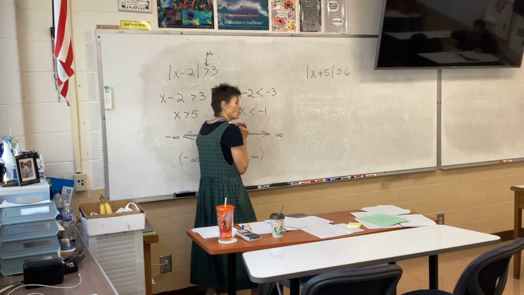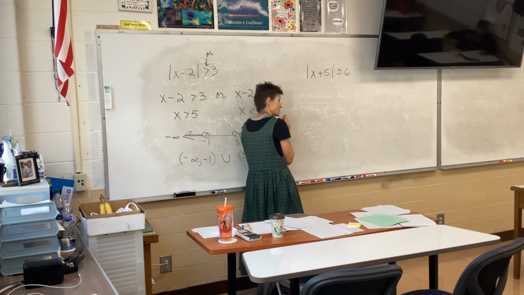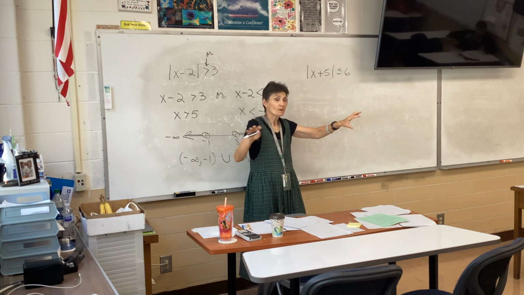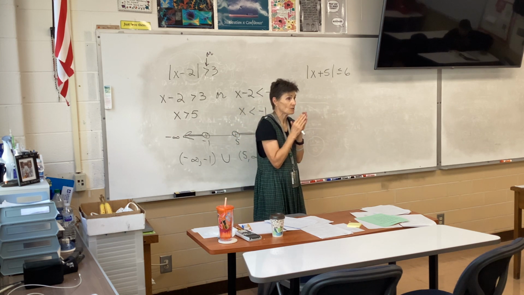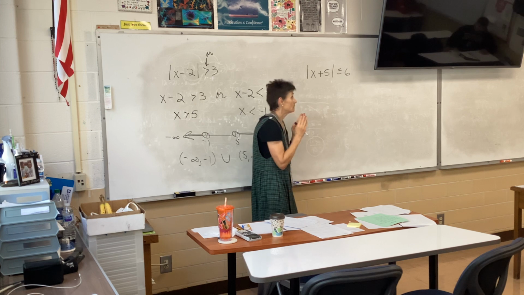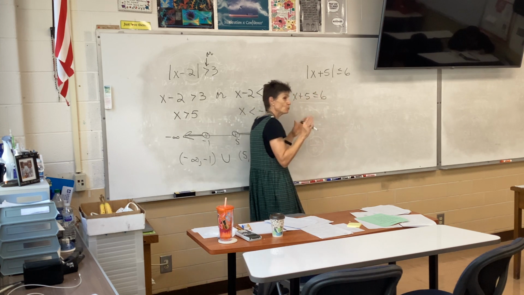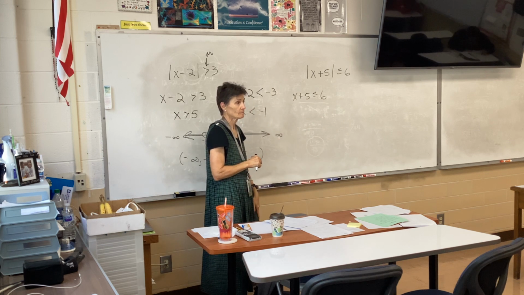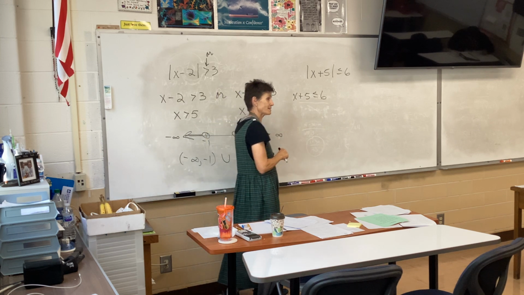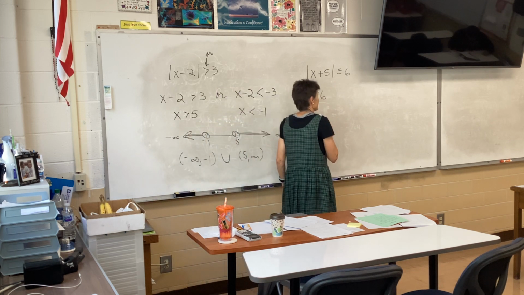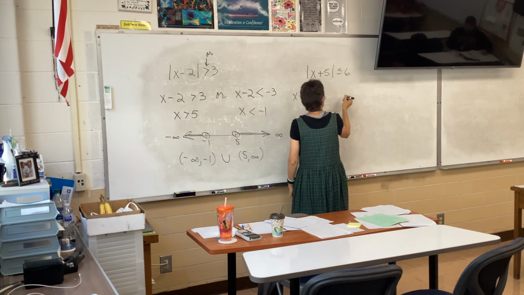Now this one, we're gonna do exactly the same thing. I'm gonna break it into 2. What's the first thing I'm gonna break it into? X plus 5 is less than or equal to 6. Don't change a thing. Now, what's the second piece I'm gonna break it into?